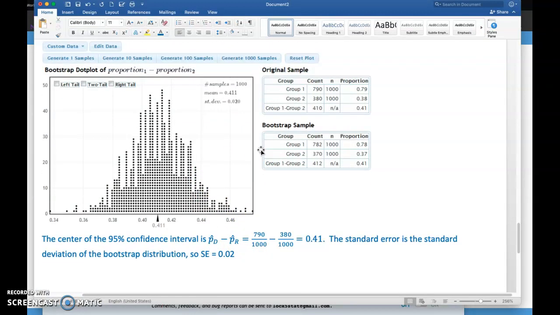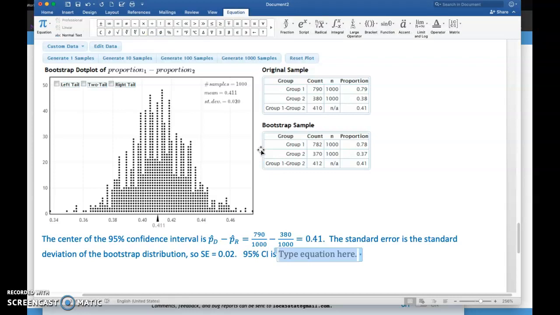Anyway, for constructing the confidence interval, we're going to take the center. So the 95% confidence interval is 0.41 plus or minus that margin of error, but that's 0.41, which is the sample statistic, the difference of proportions, plus or minus 2 times the standard error. So we're going to take 0.41, add, and then subtract 0.04.